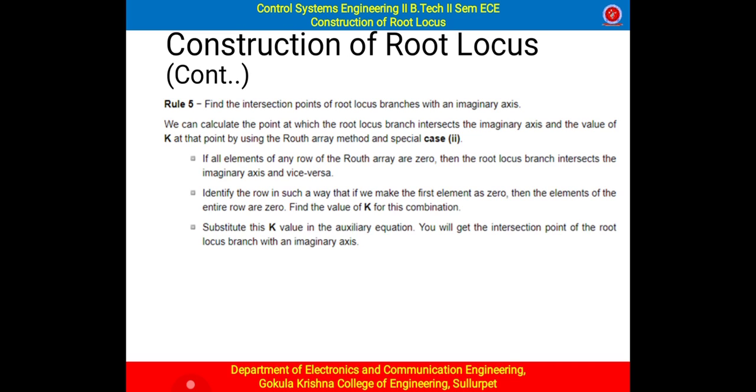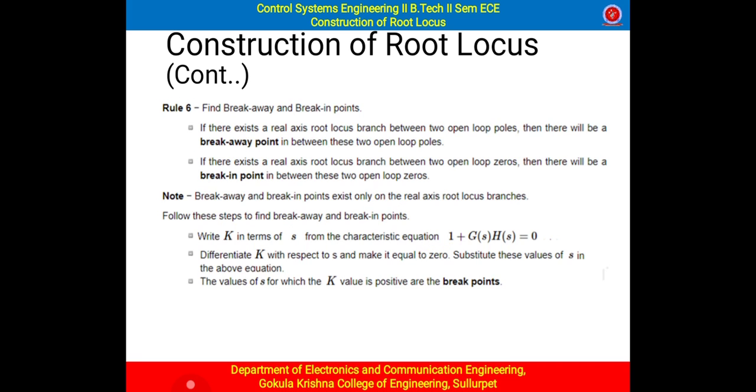That particular case will be used to identify the location where the root locus is intersecting the imaginary axis. We will discuss this in the example.